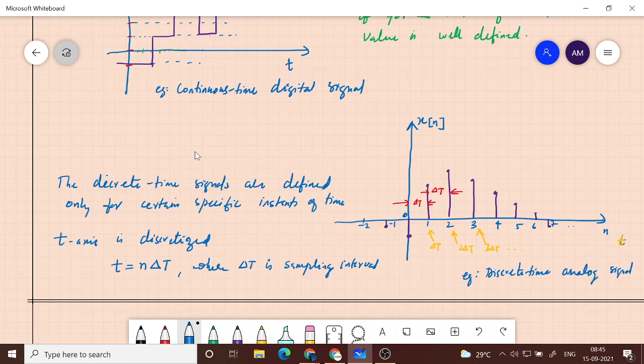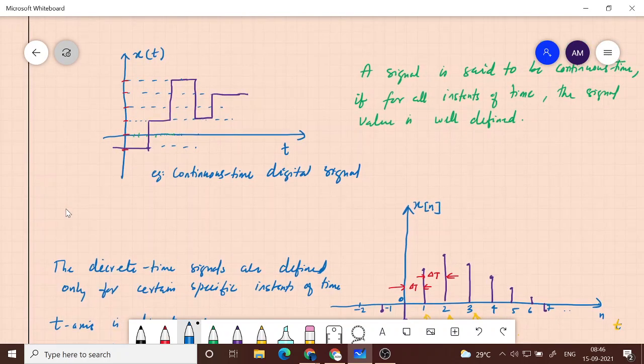I just want you to really understand that discrete time doesn't mean digital. Discrete time means the time axis is discretized, whereas digital means the amplitude is discretized. Okay, so this is a discrete time analog signal, and similarly the previous graph shows a continuous time digital signal.